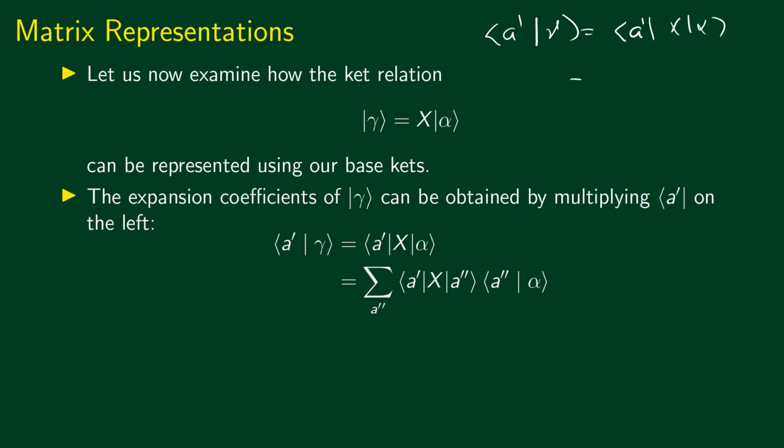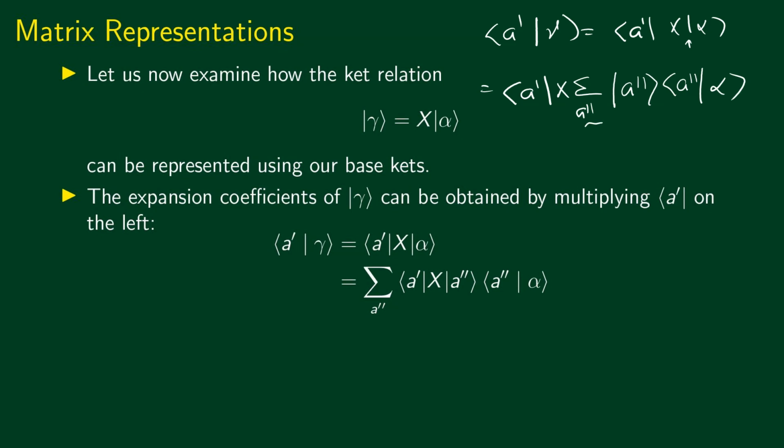Now again I can introduce an identity operator in here, so this becomes bra A' X, and I'll insert an identity operator here, a sum over A'' of ket A'' bra A'', and then I have alpha here.